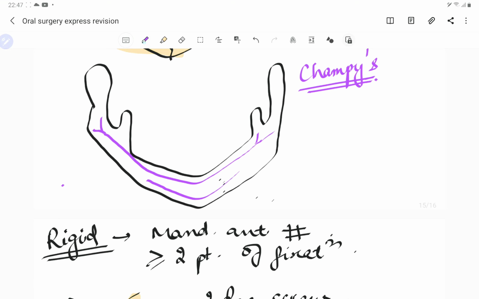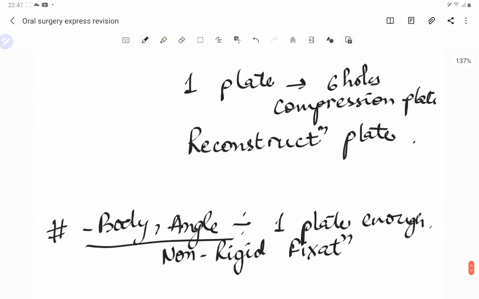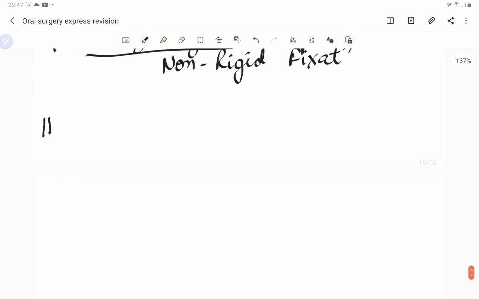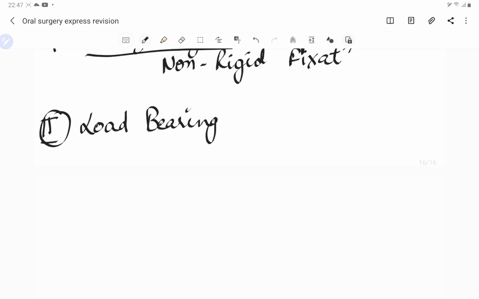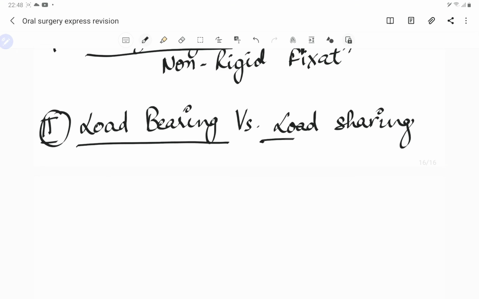So guys, the first principle is to go for rigid or non-rigid fixation. The second principle is whether it is load bearing, that means the plate which you are placing is bearing all the load, versus load sharing. Load sharing, as the name suggests, means the bone shares the load.